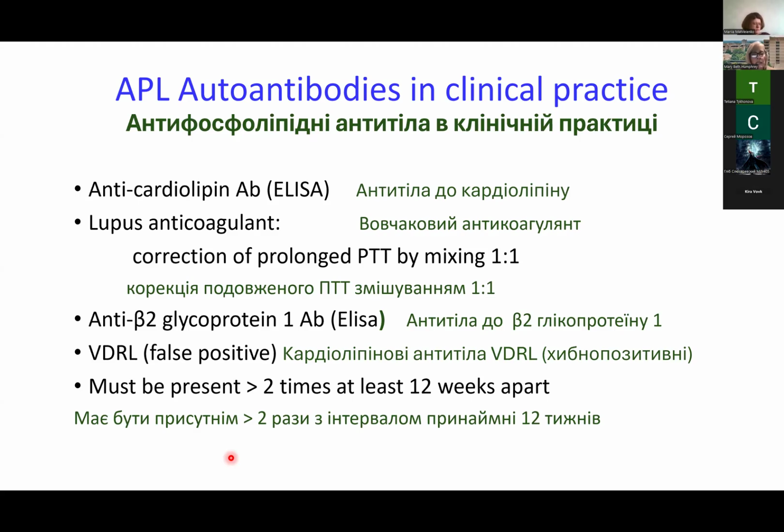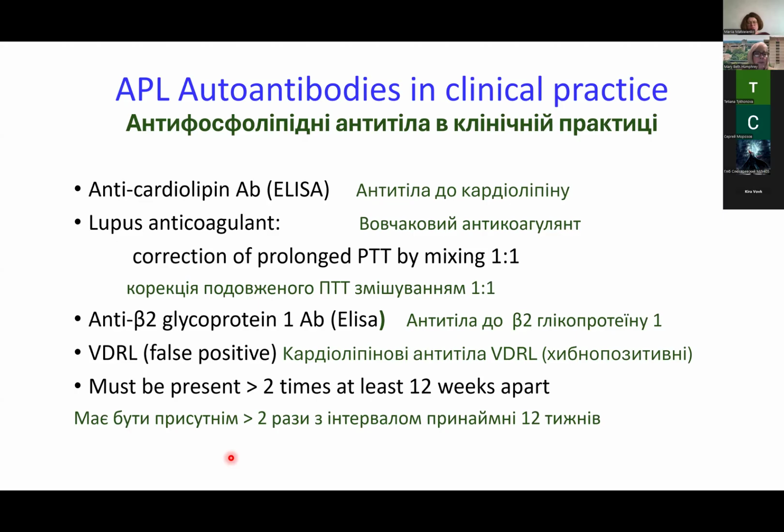So it's a misnomer. And if there's a prolonged PTT, you can order the lupus anticoagulant, and the lab will do a mixing study where they'll take the patient's serum and they'll add in some normal serum, and they'll look to see, does it correct the PTT, and if it doesn't correct, then that means that there is a lupus anticoagulant.